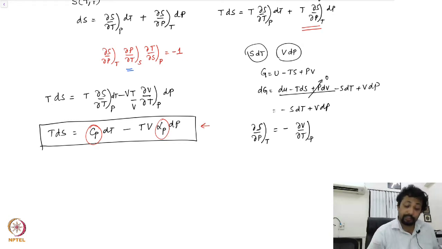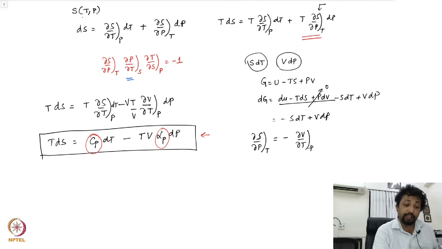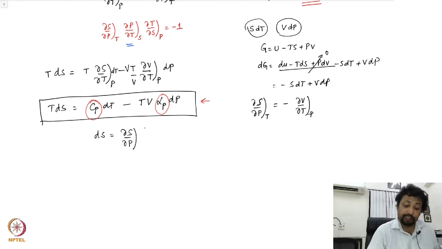Now I am asking you, if you want to measure, for this particular case when S is a function of T and P, the change in entropy ds is del S del P. Let's say dT is fixed, an isothermal process, it is just del S del P at constant temperature dP, which is minus TV alpha P dP. Simple.